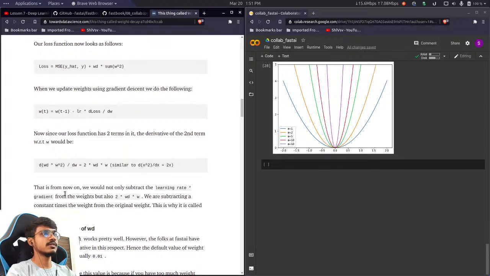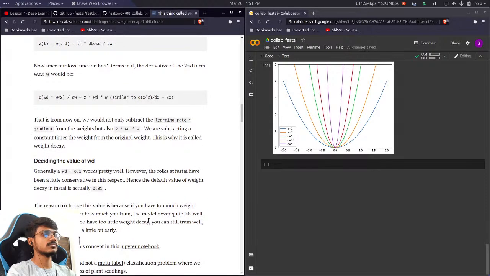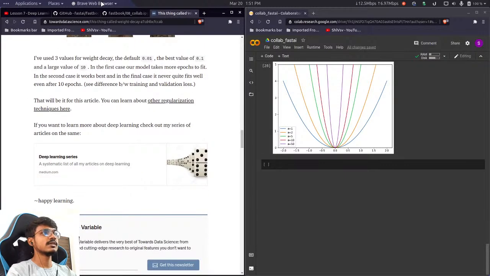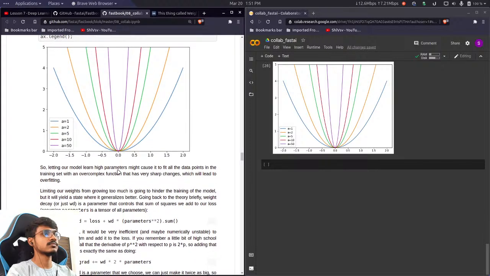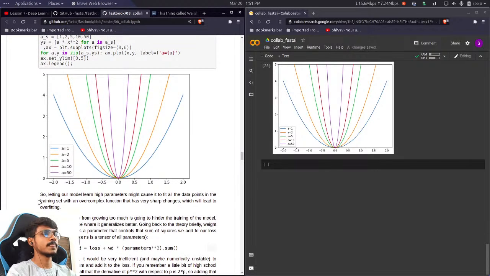So we are subtracting a constant times the weight from the original weight. Okay, I get it now. And my parameters may cause it to put all the data.